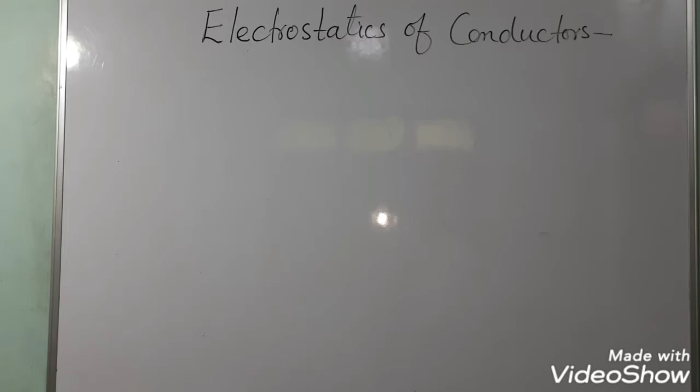Today we shall be dealing with some properties of conductors when they are placed in certain electric fields, and the whole soul of this topic is called electrostatics of conductors.